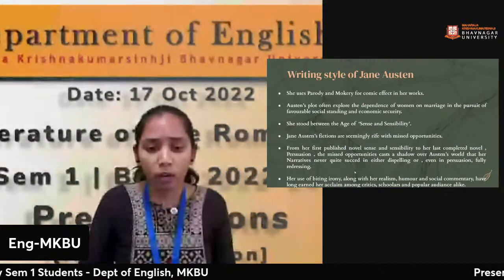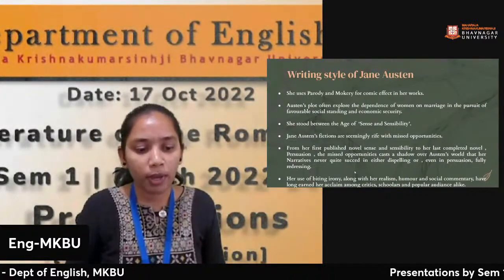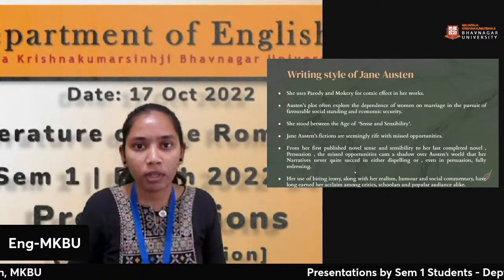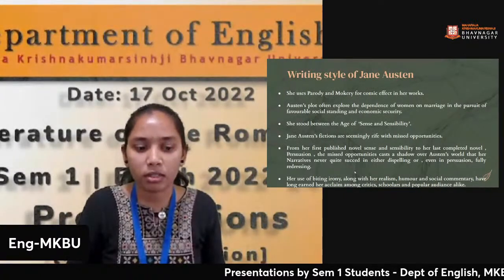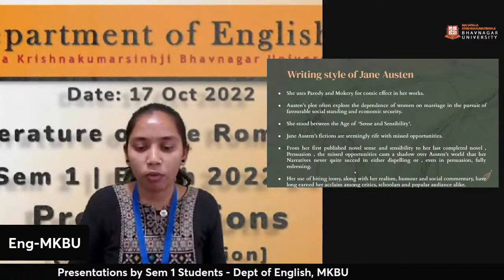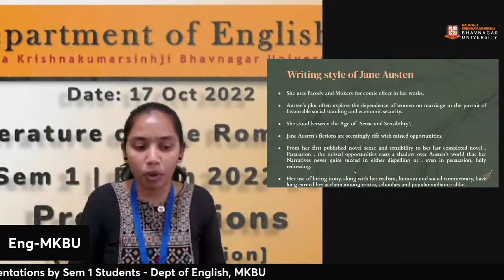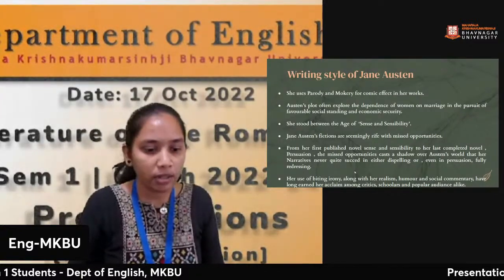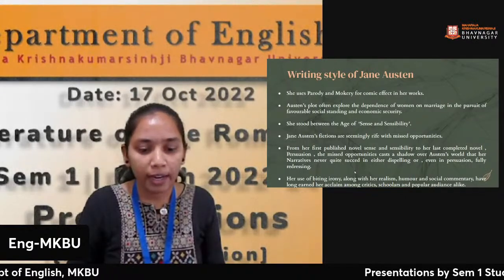Writing style of Jane Austen. She uses parody and mockery for comic effect in her works. Austen's plots often explored the dependence of women on marriage in the pursuit of favorable social standing and economic security.